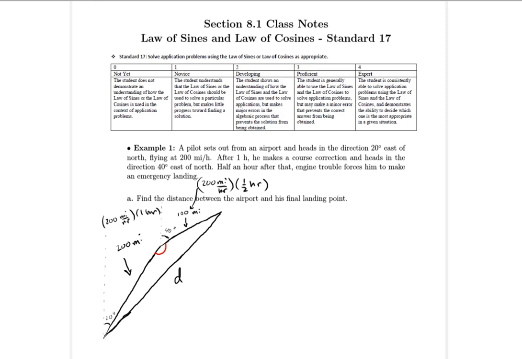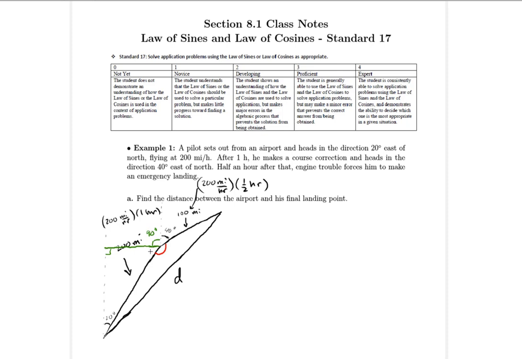One thing that is often a nice thing to do, when you don't have direct information about some of your angles, is try to make some 90-degree angles. So I'm going to draw a line from here to here to make a 90-degree angle there. The reason that's helpful to me is because I know that this here is 90 degrees. So I've got 90 degrees here, 40 degrees here.